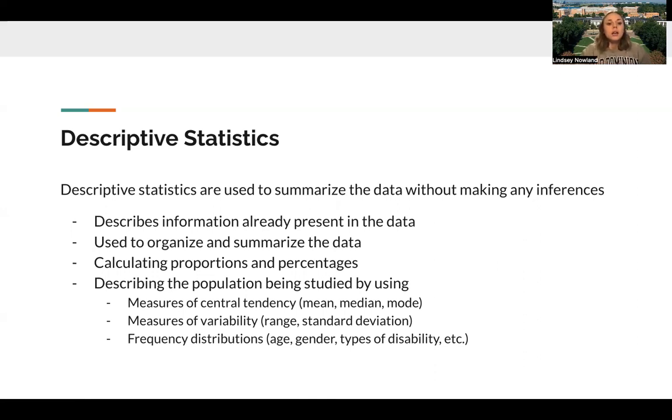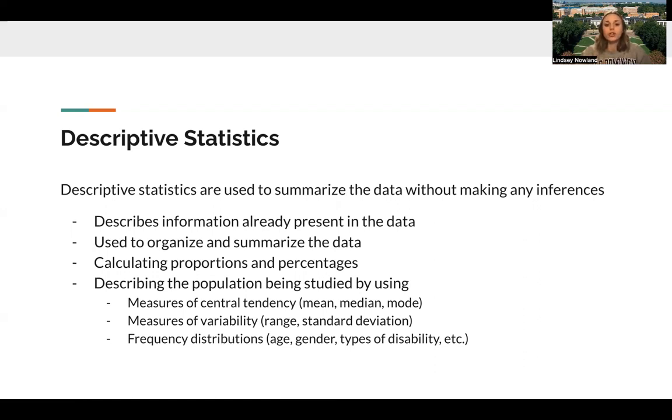So with descriptive statistics, you're describing the population that is being studied. The most common ways that descriptive statistics are reported are by using your measures of central tendency, so your mean, median, and mode, and your measures of variability.